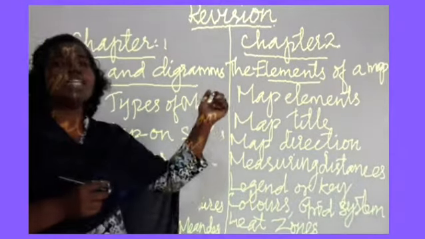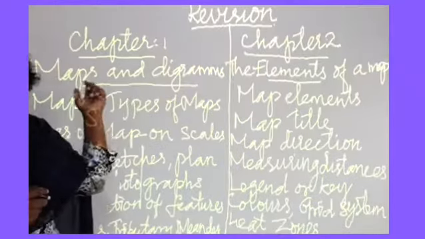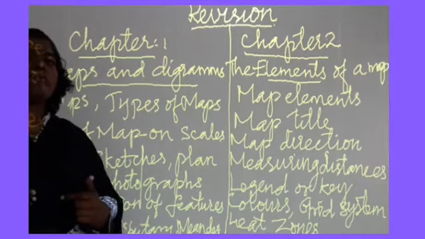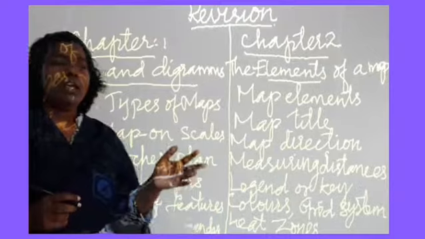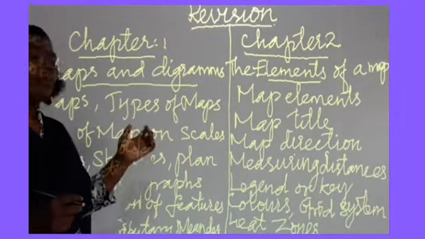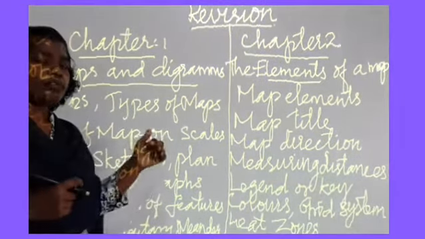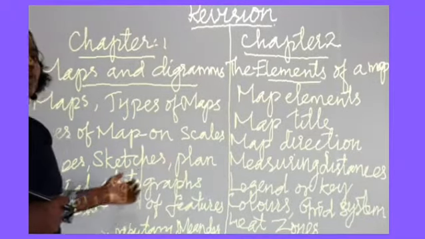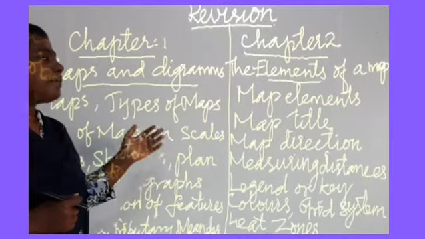So in this class we have learned the elements of the map and maps and diagrams. When we learned about maps, we learned about uses of maps. We learned about globe, sketch and plan, and we also saw the advantages of globes and maps. We saw the types of maps based on scales, and also representation of earth features on the map.